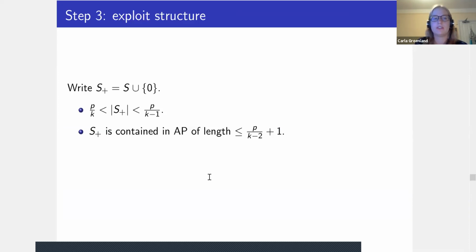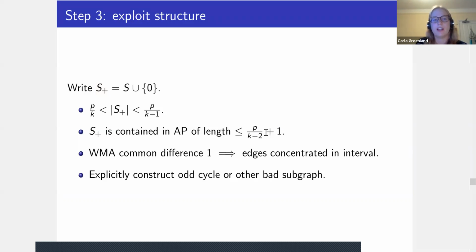Yeah, so what we find is that this set S is dense in some kind of small arithmetic progression. And because we're working modulo p, we can actually assume that the common difference of the arithmetic progression is 1. So the picture you can have in your mind is that there's an interval of lengths that are allowed for our edges, and it's all concentrated in a small interval.